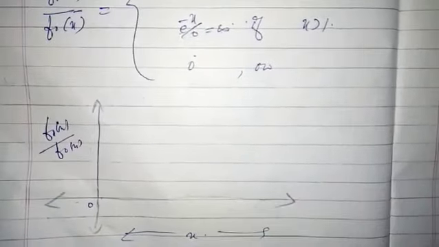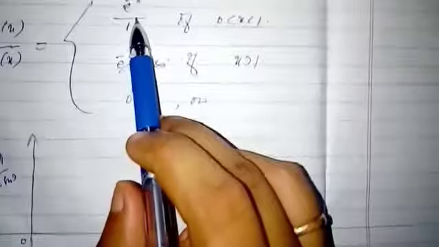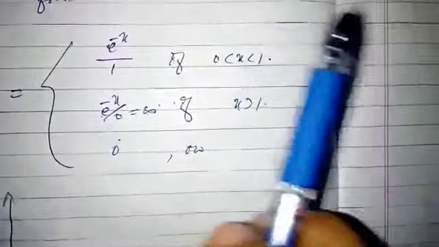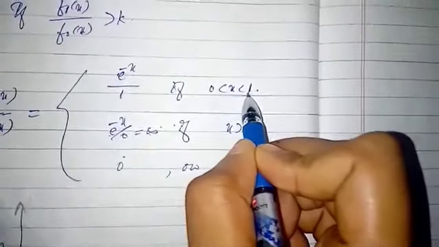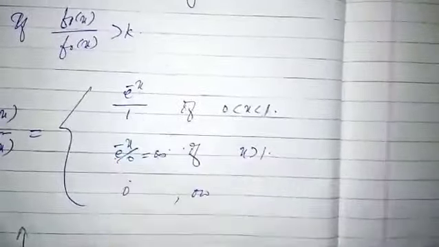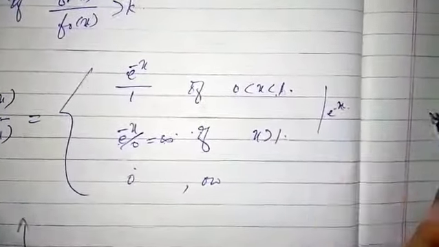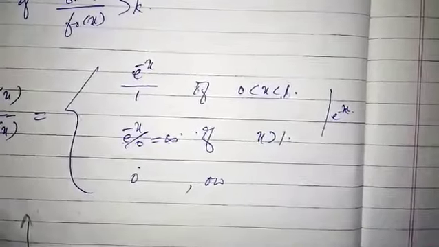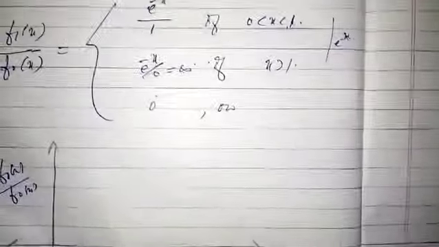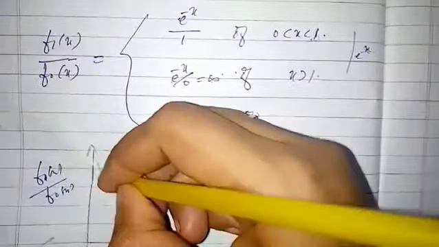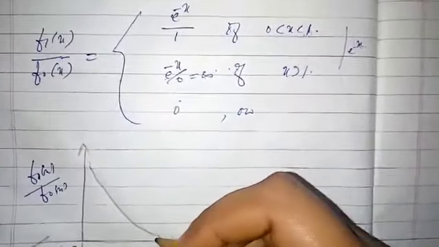Is it an increasing or decreasing function? e power minus x is a decreasing function when x takes values from 0 to 1.